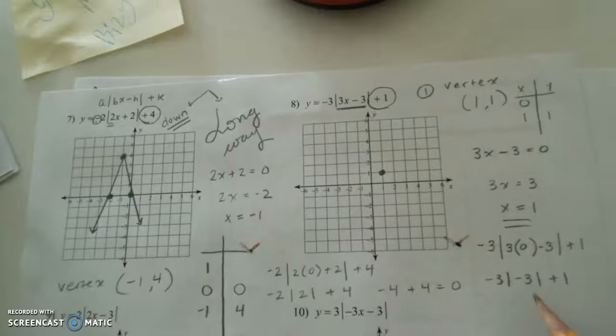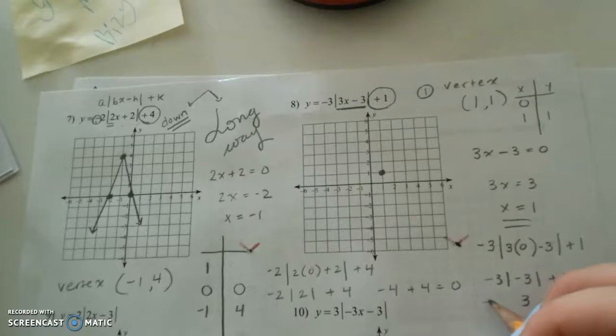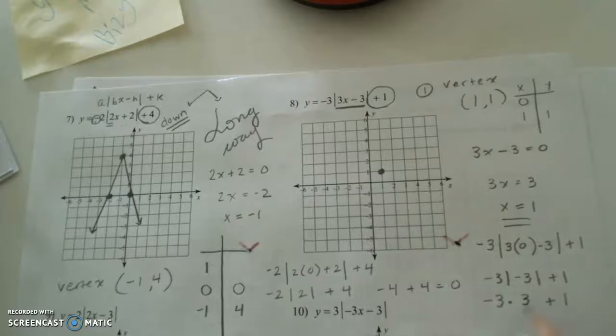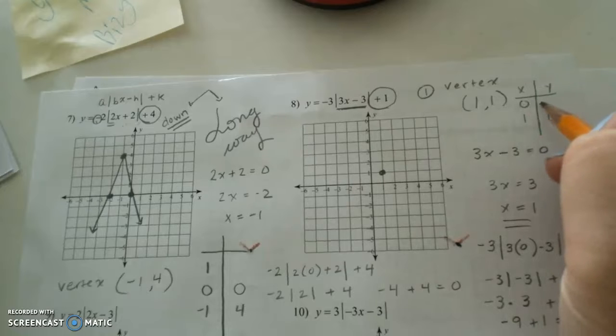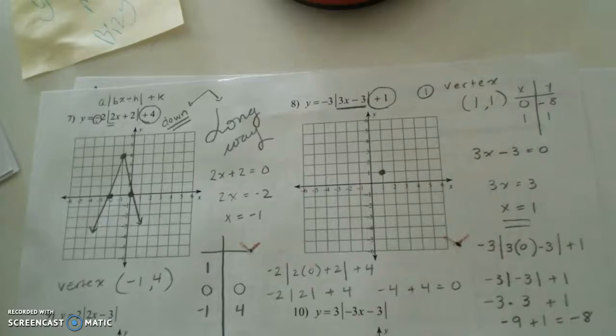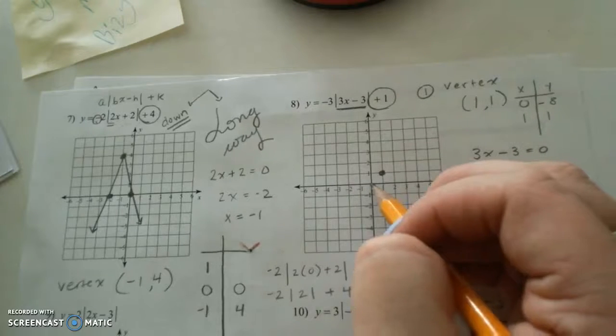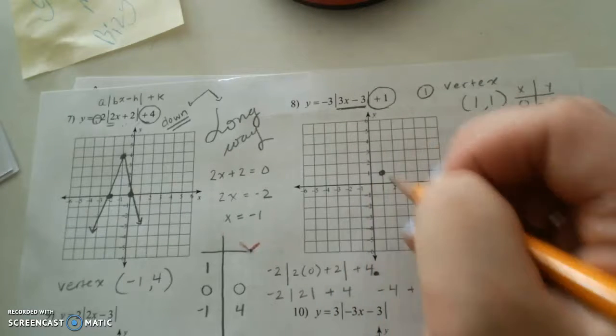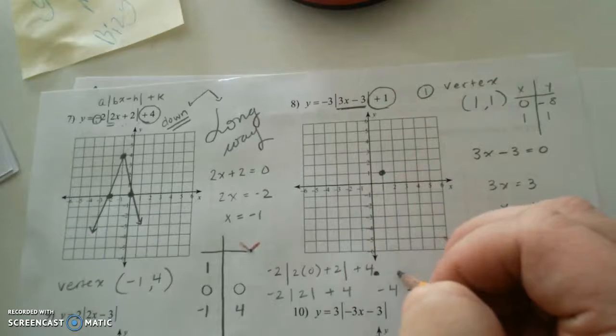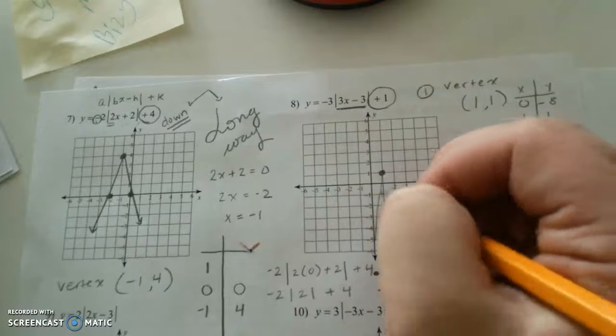The absolute value of -3 is the positive of that. -3 times 3 is -9, plus 1 is -8. So at 0, I'm going to have a value of -8. So 0, -8, all the way down there. That means on the other side, I'm going to have the exact same point because of symmetry.